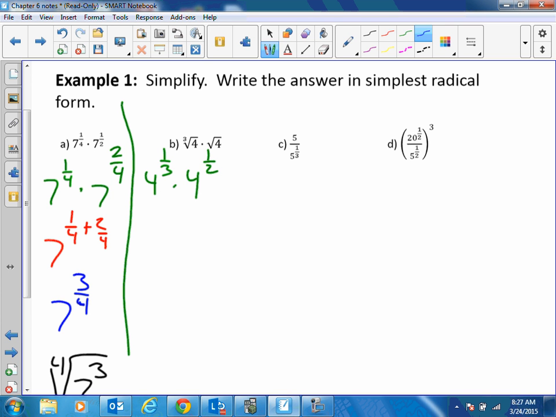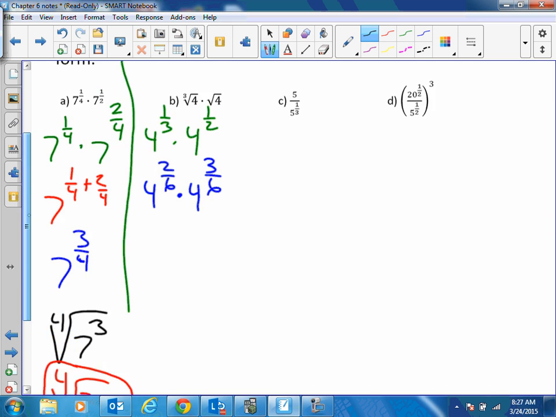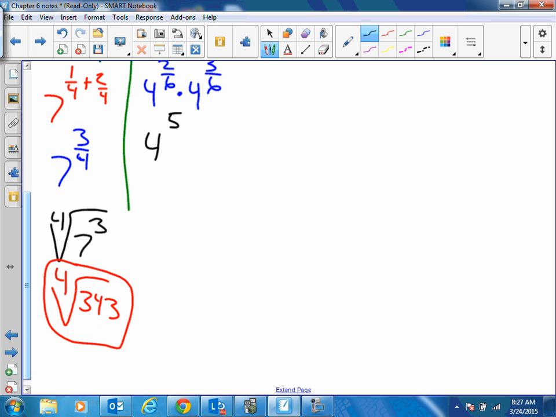Again, I want to make them have the same denominator. What's the least common denominator of 1/3 and 1/2? It's 6. So I can change this to 2/6, which is the same as 1/3, and this to 3/6, which is the same as 1/2. Now I can add the exponents. 2/6 plus 3/6 is 5/6. So I have 4 to the 5/6.